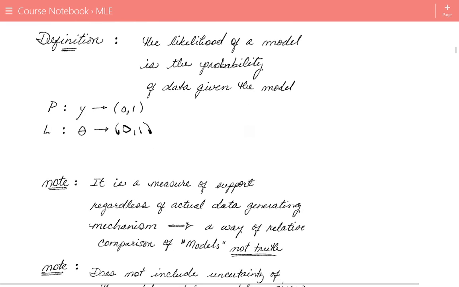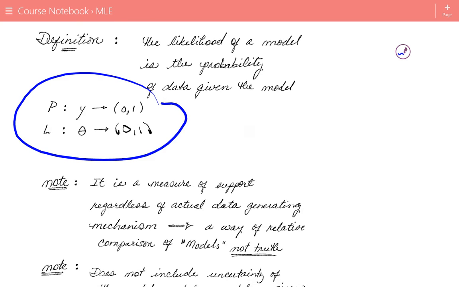So the likelihood of a model is the probability of the data given the model. So here I just kind of represent that the probability goes from y as values from random variables to the unit interval, and the likelihood goes from parameters to that unit interval.